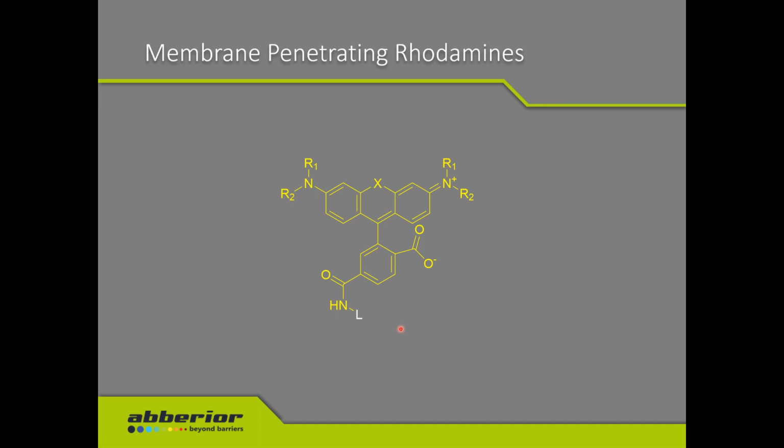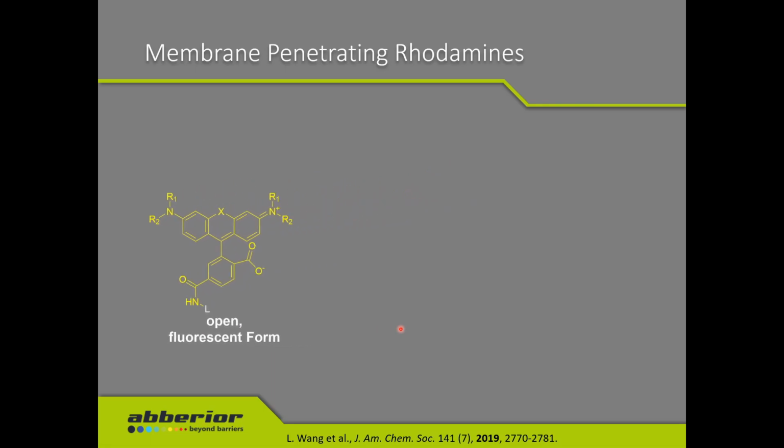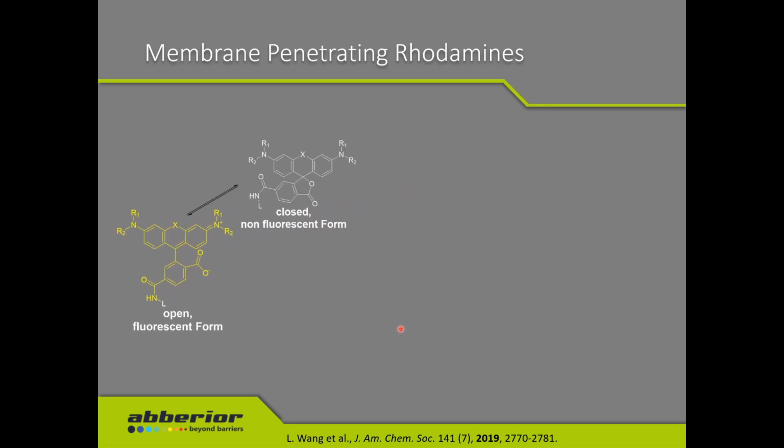So this organic dye, this rhodamine, can now exist in two different forms. The first I have shown you is the so-called open form, a form where our fluorophore is fluorescent because we have a fully conjugated pi system.